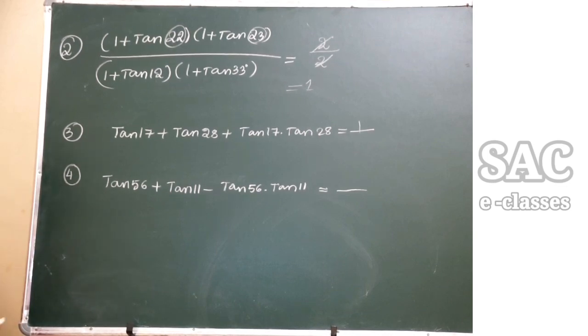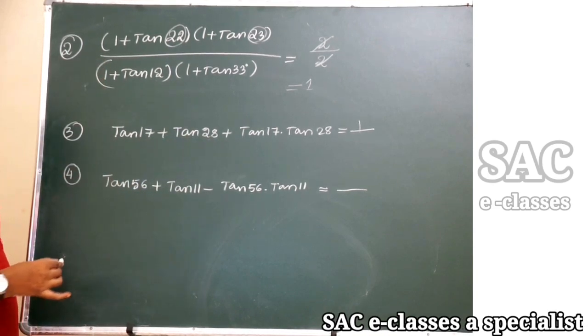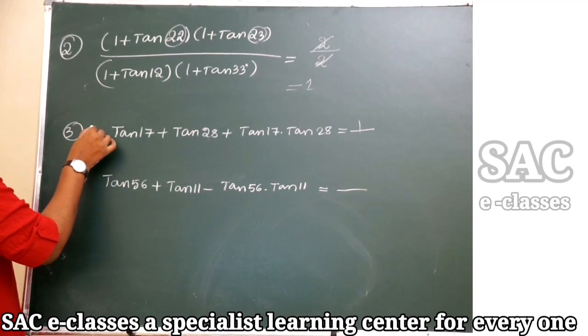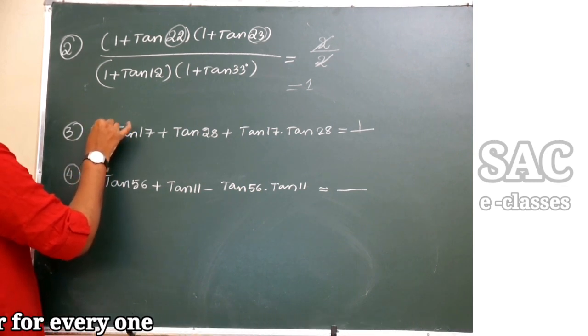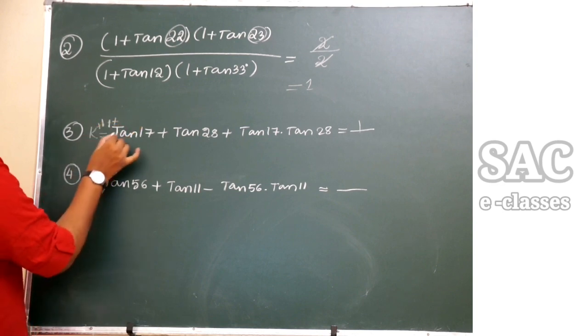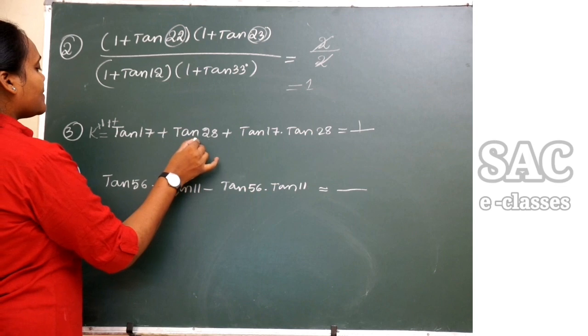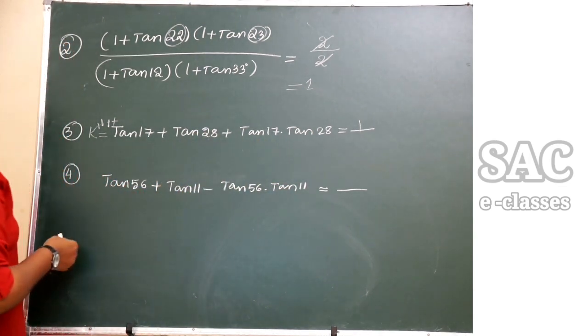So in what way am I doing it? 17 plus 28 is 45. For this, let me assume this is k. Now let me write k plus 1, so it is 1 plus tan 17 plus tan 28 plus tan 17 into tan 28.